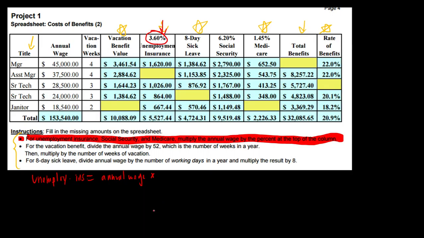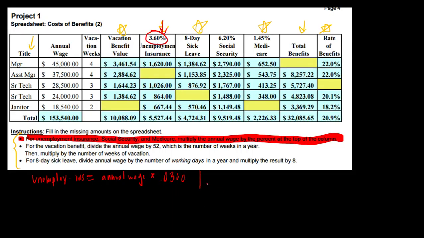Now remember, you can't multiply by a percentage. It doesn't make sense to do that. We have to convert to a decimal first. So as a decimal, this number would be 0.0360. So unemployment insurance is annual wage multiplied by 0.0360.